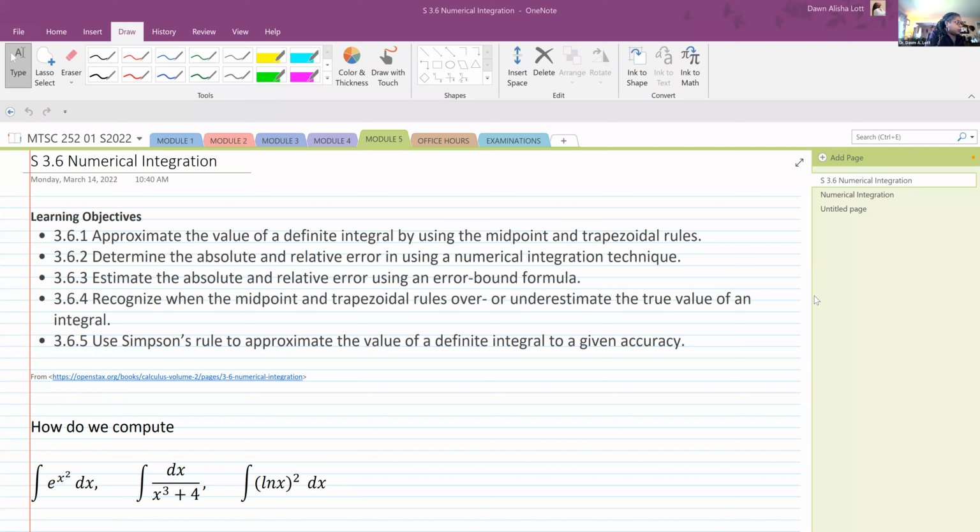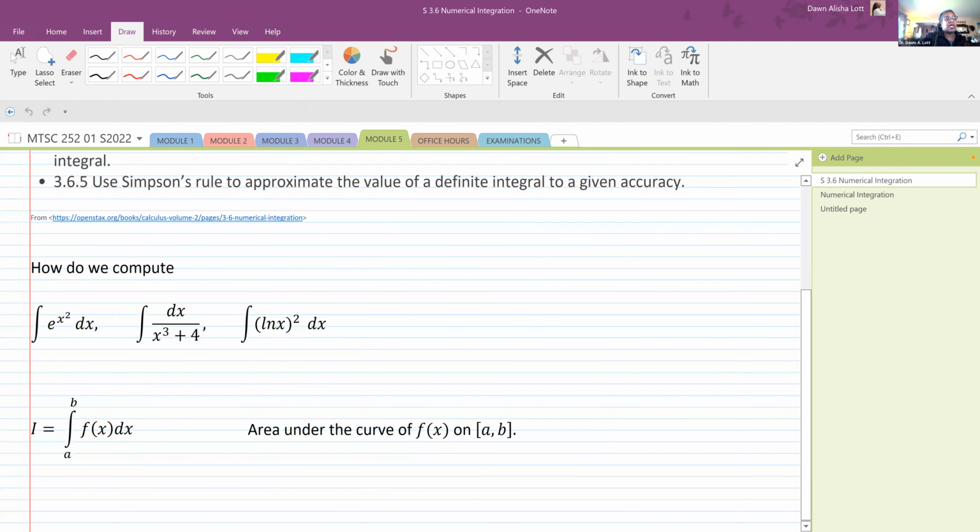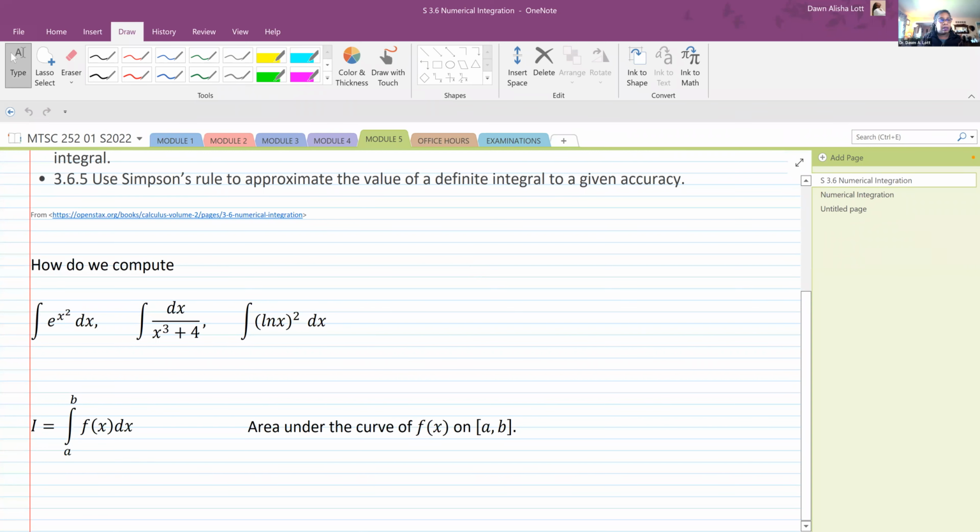Okay, so if we recall, we know how to integrate many things, but how do we compute these integrals? Something like the integral of e to the x squared dx. We know how to integrate e to the x.